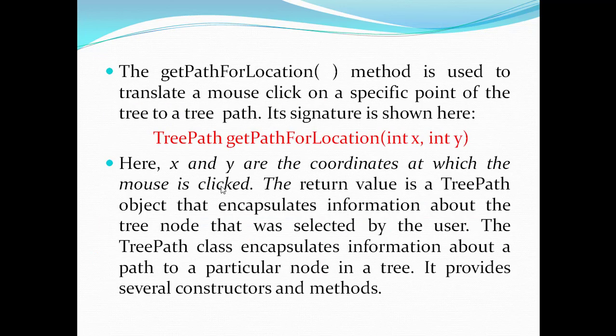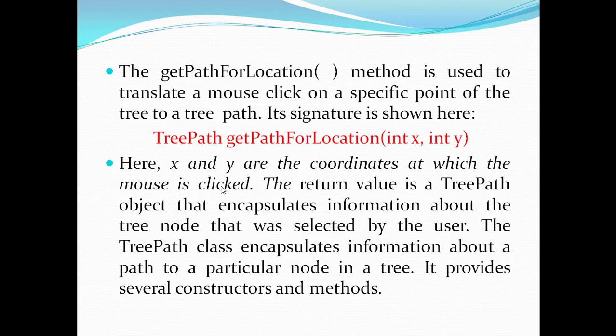The getPathForLocation method is used to translate a mouse click on a specific point of the tree to a tree path. Its signature is shown here. This method returns a TreePath: TreePath getPathForLocation(int x, int y).